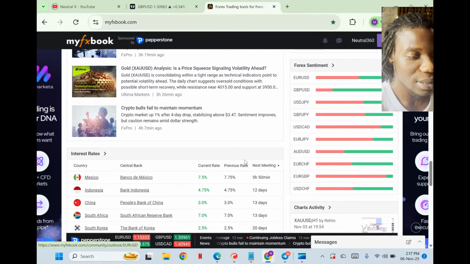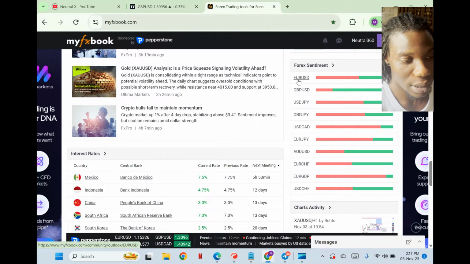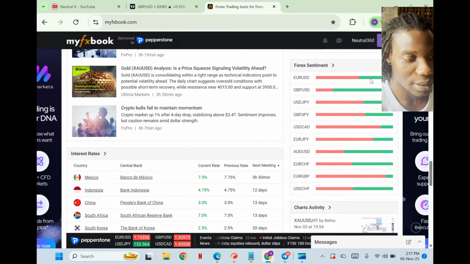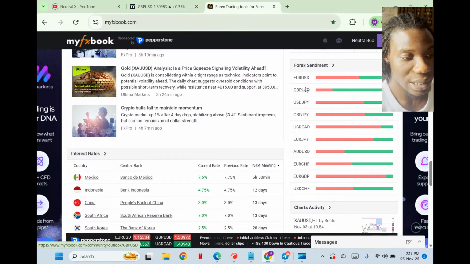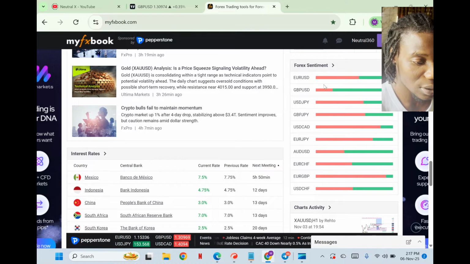Sentimental just gives you the overall picture of any currency pair you want to trade. As of now, you can definitely see the sellers are stronger than the buyers. GBP USD, you can see the buyers are stronger than the sellers. But if you click on sentimental, it shows you the percentage and all that.